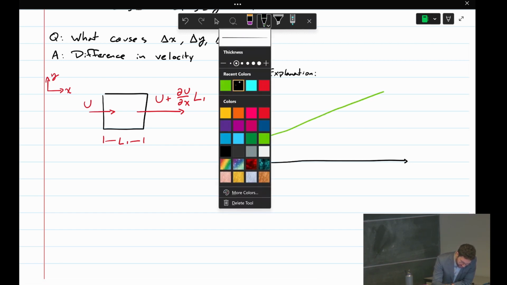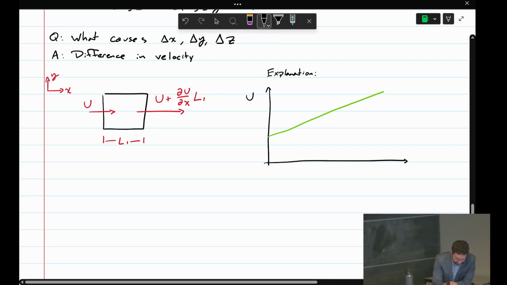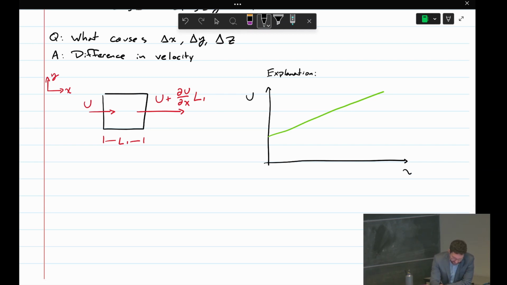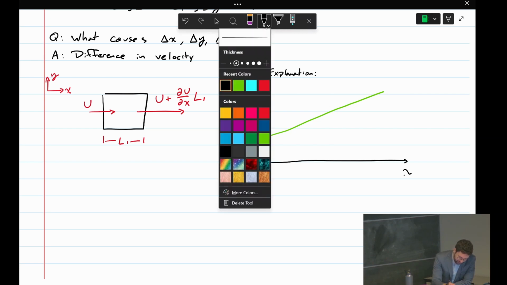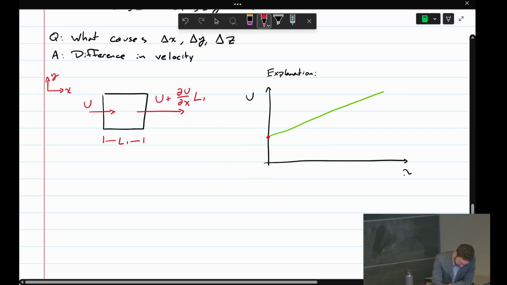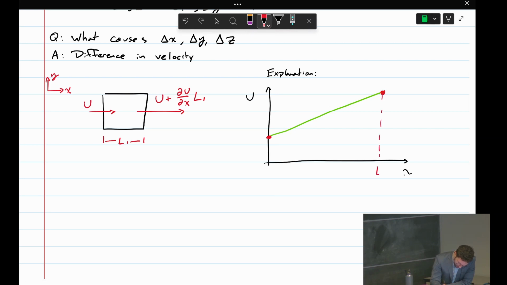Okay. So I'm going to plot this function, say, along the x direction, u as a function of x. So at, say, x equals 0.